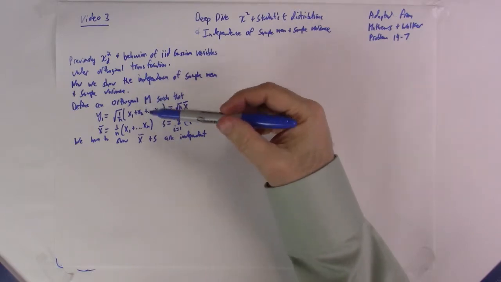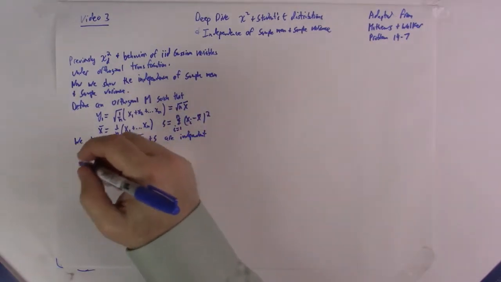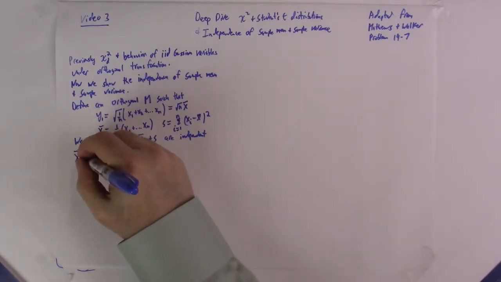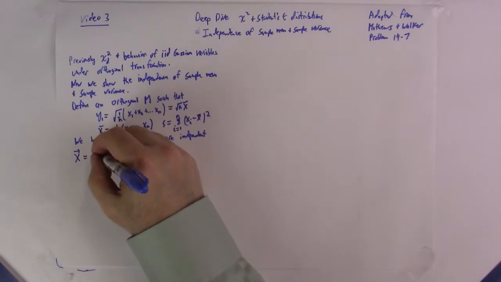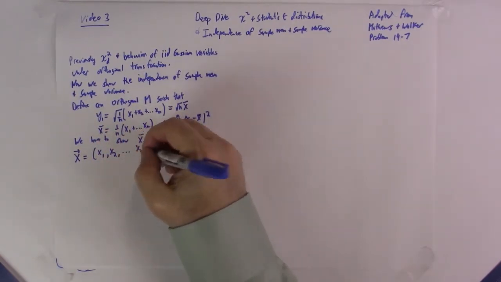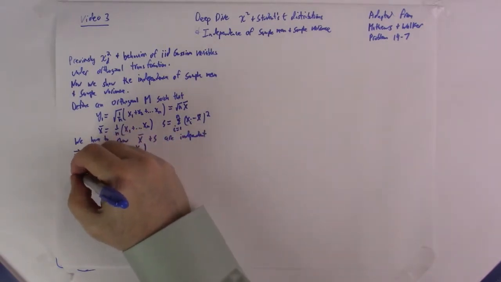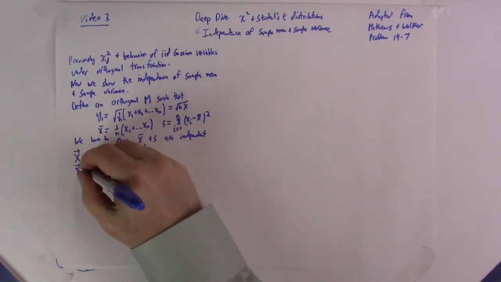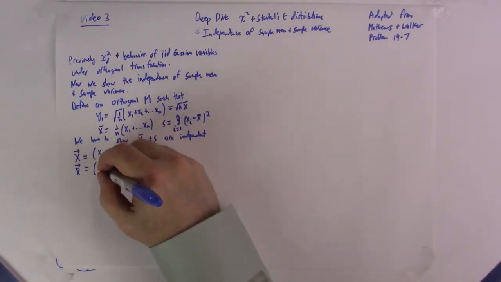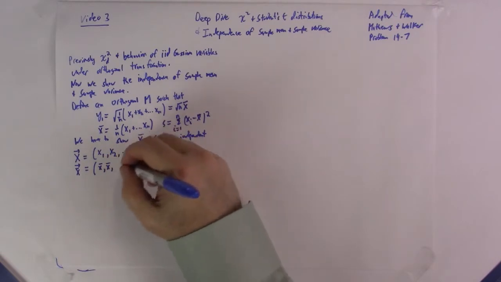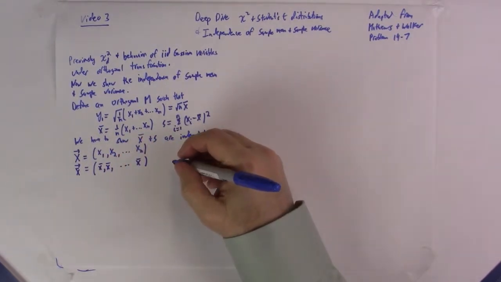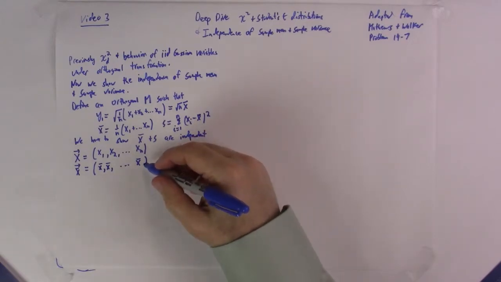And let me define a few vectors to make everything a little bit clearer. The vector x has components x1, x2, up to xn. And the mean vector, we're just going to define as having all components the same, just x bar, and x bar. So it's one vector, and all of its components are the same.